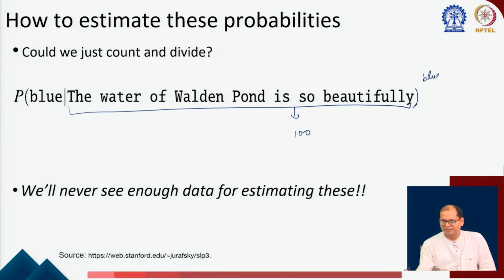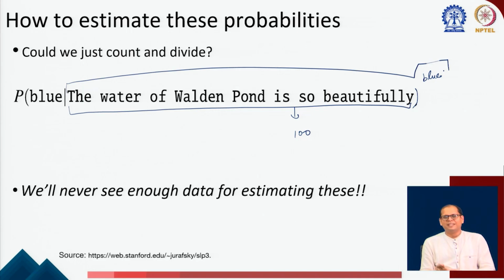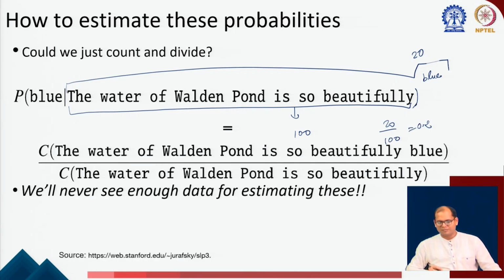This I would have seen fewer times, because I have anyway seen the previous part. So let's say I have seen this 20 times. So the count of the water of Walden Pond is so beautifully blue divided by the count of the water of Walden Pond is so beautifully, and it will be 20 by 100, 0.2 probability. That's how I'll compute it.